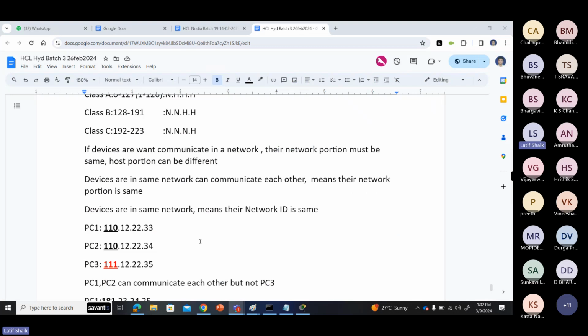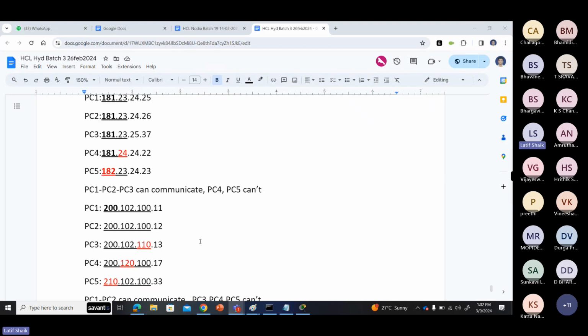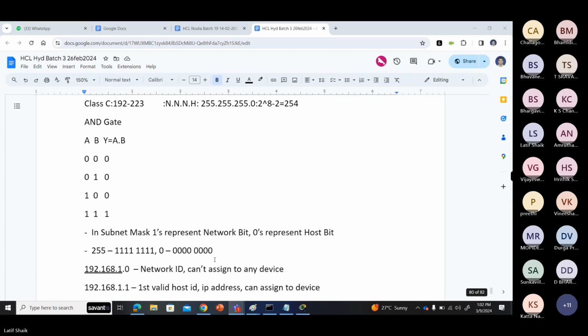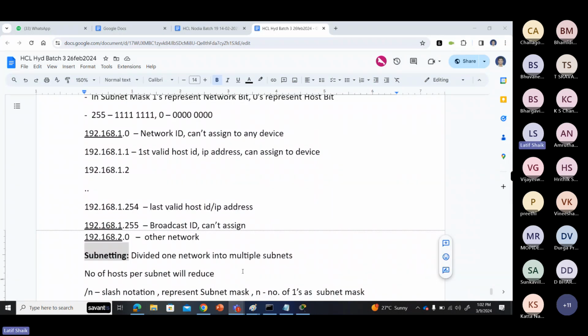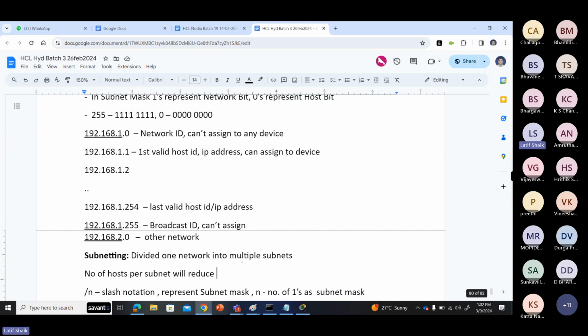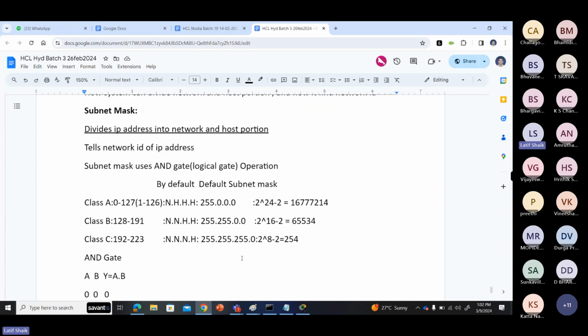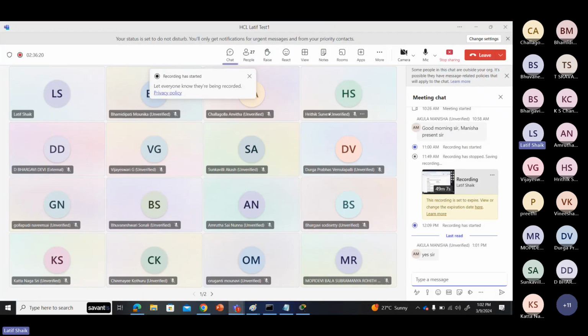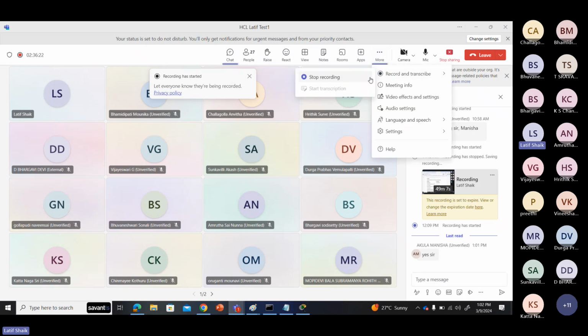Understood, not understood, want repetition? At least you read it. Because in most of your batches the same thing happens: people don't talk, I keep talking. I don't mind whether people are talking or not, so I have become habituated to teaching like this. Originally, all my classes are in interactive mode. No problem, guys, it does not matter.